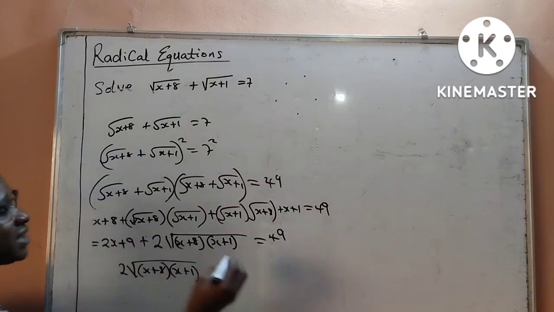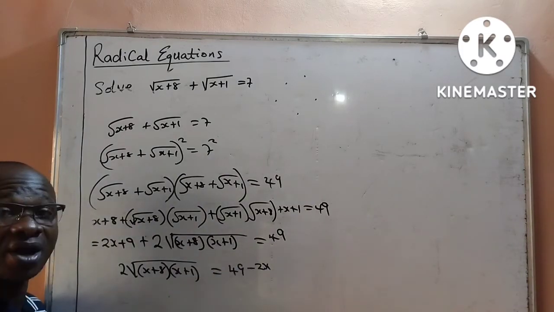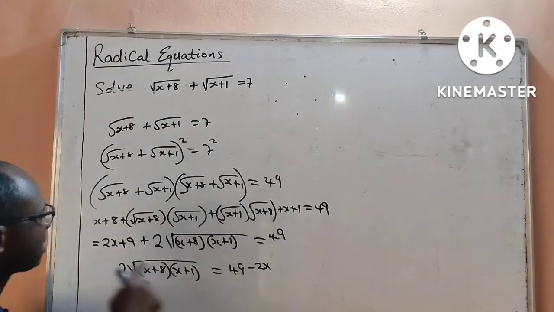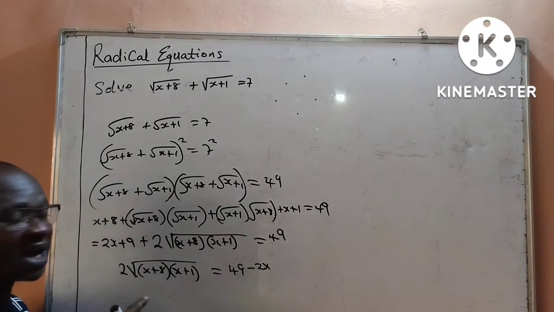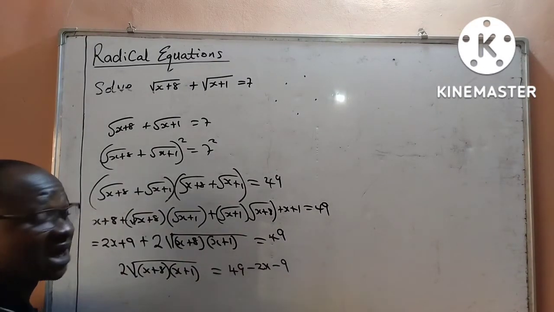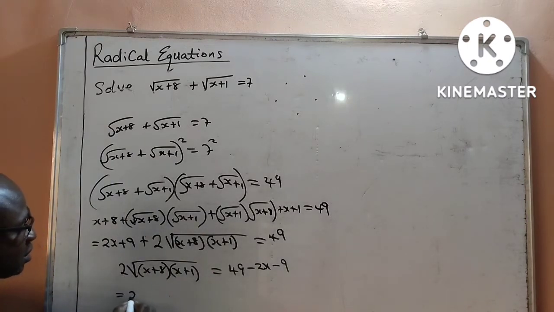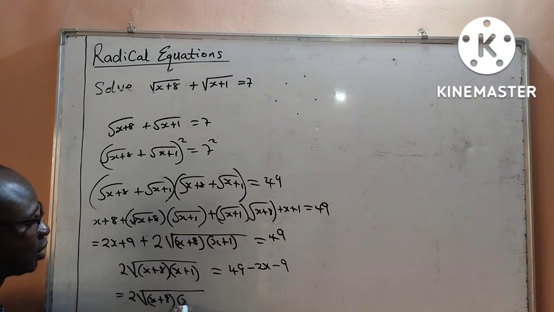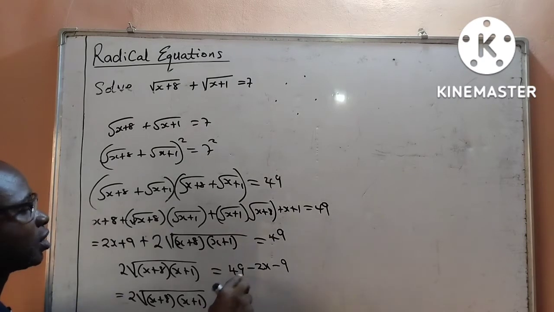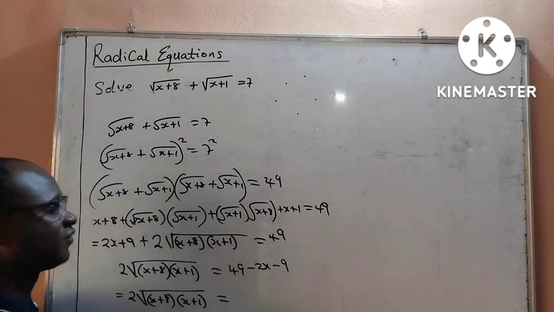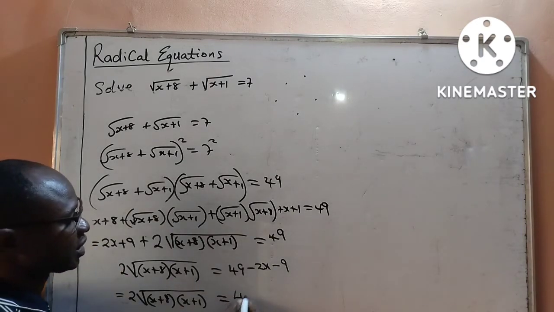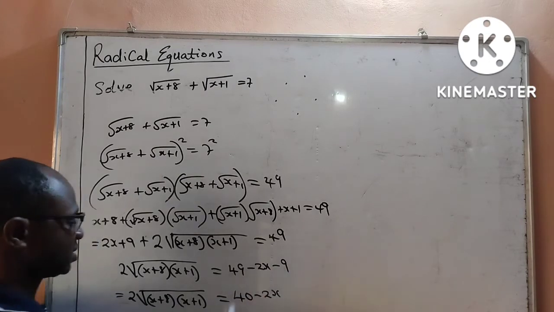So I'm moving 2x to become minus 2x on the right, and I'm also moving 9 to become minus 9 on the right hand side. So this is what I have. I can now write it as 2√((x+8)(x+1)) = 49 − 9, which will give me 40, minus 2x.